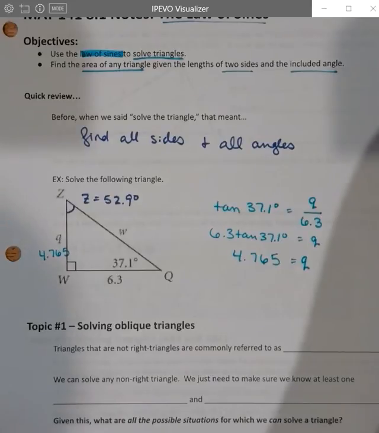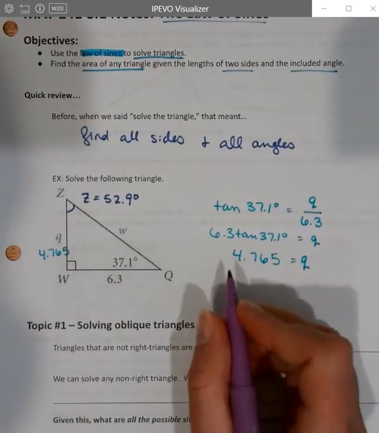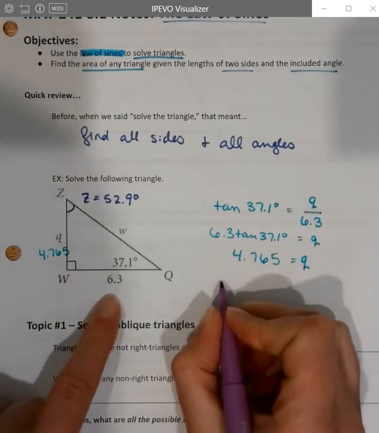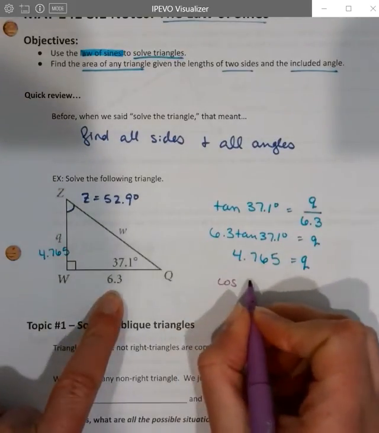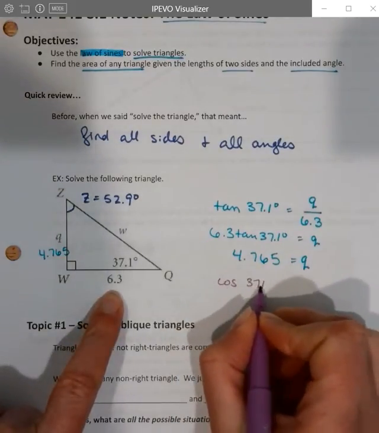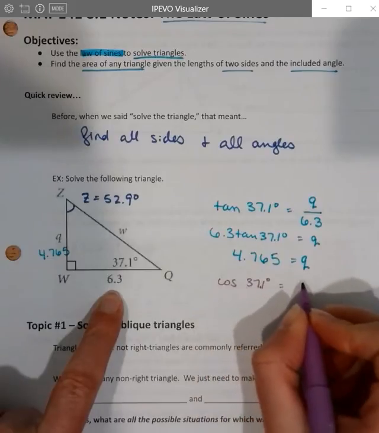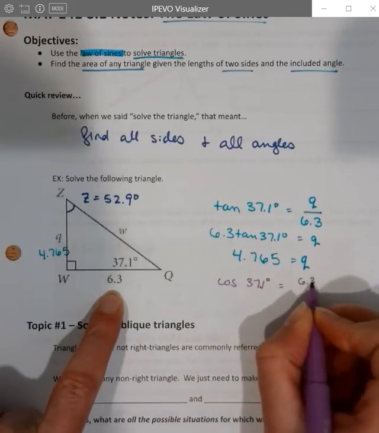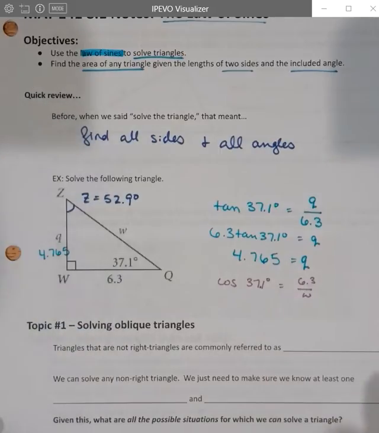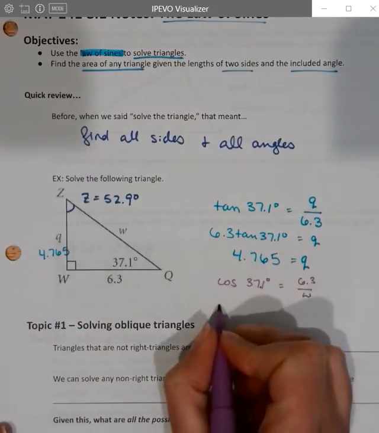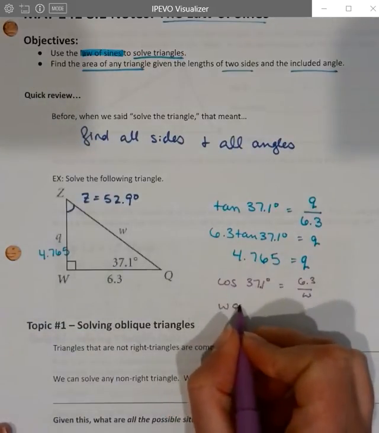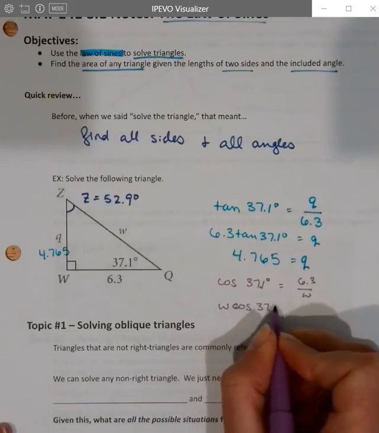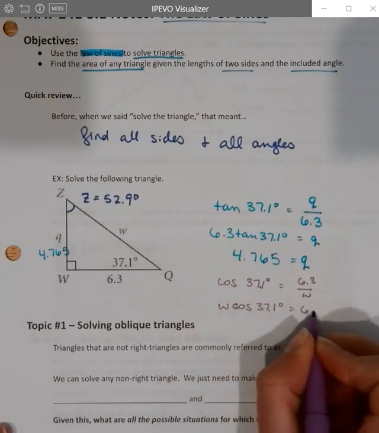So for the last piece that we need, little w, we're going to use the cosine of 37.1 degrees, and it's going to be adjacent 6.3 divided by little w. And I multiply little w to the other side: little w times cosine of 37.1 degrees equals 6.3.